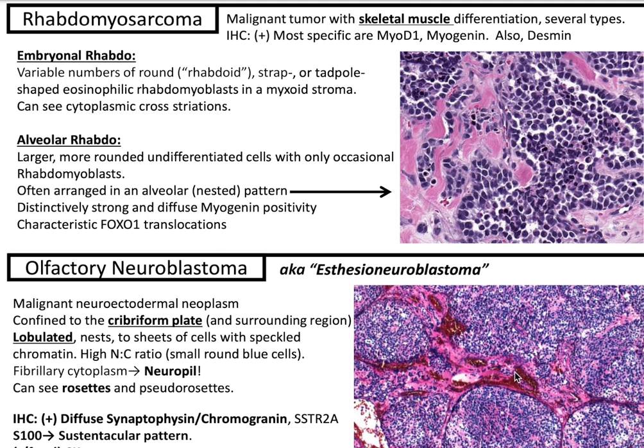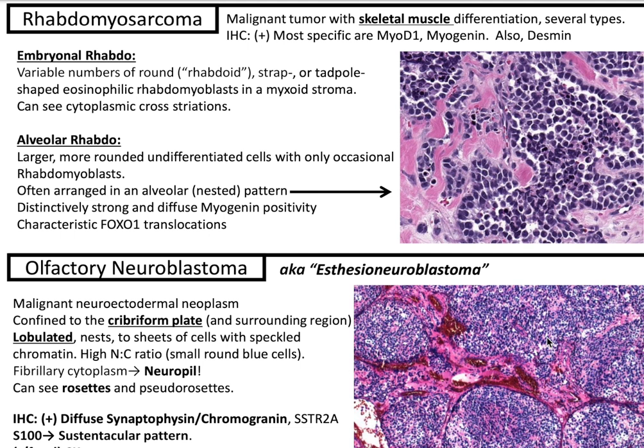Also, embryonal rhabdomyosarcoma. Cytologically, you'll see round or rhabdoid, strap or tadpole-shaped cells that are eosinophilic in a myxoid stroma. And you can see cytoplasmic cross striations like you see with skeletal muscle.